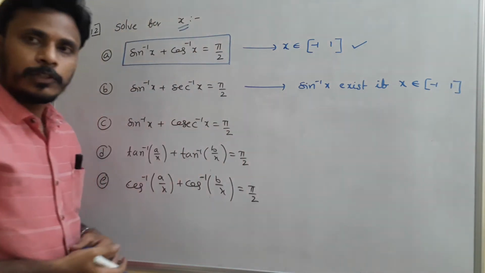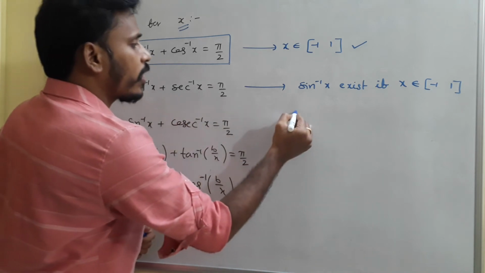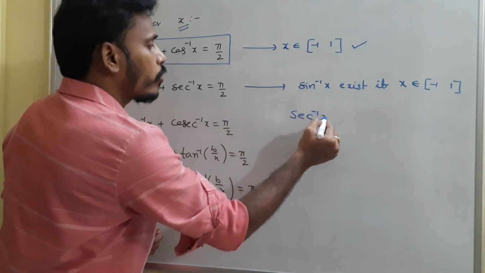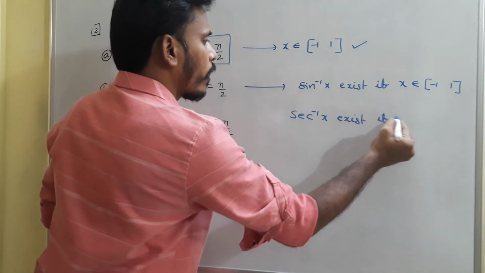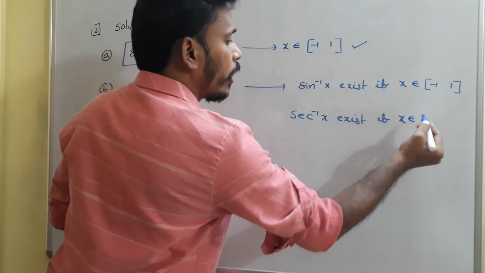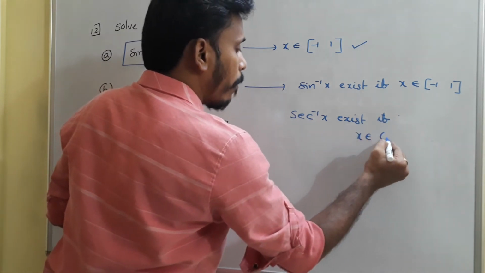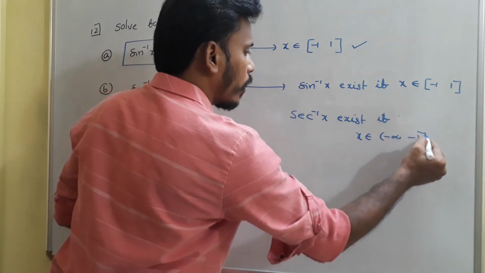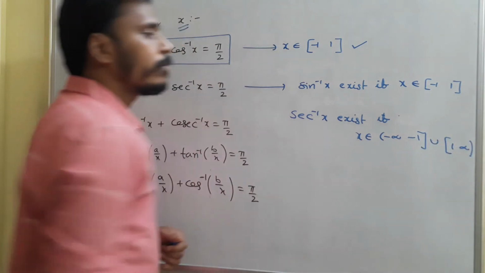We know the domain of sin inverse x is -1 to 1. Then the next thing is secant inverse x. Secant inverse x exists if x belongs to -infinity to -1 union 1 to infinity.